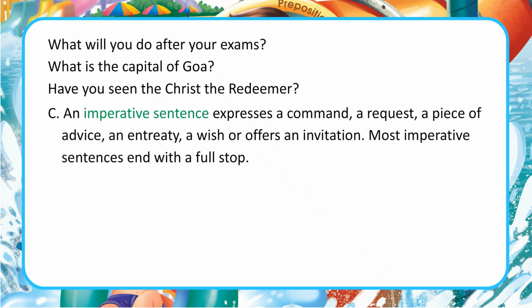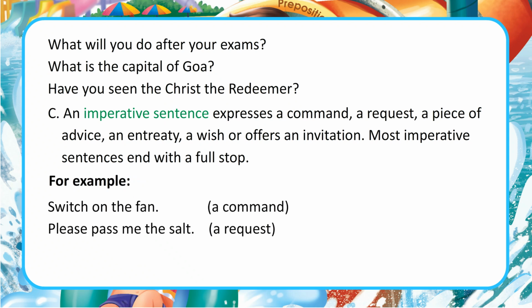C. An imperative sentence expresses a command, a request, a piece of advice, an entreaty, a wish, or offers an invitation. Most imperative sentences end with a full stop. For example, switch on the fan. A command. Please pass me the salt. A request. Kindly help us. An entreaty.